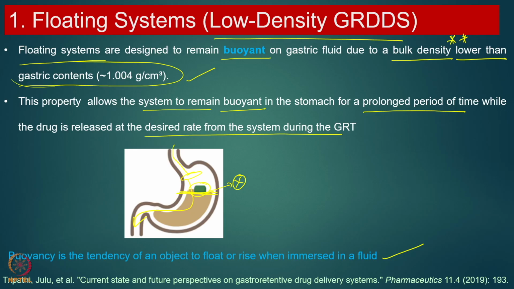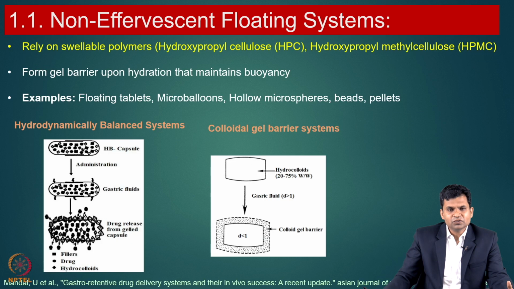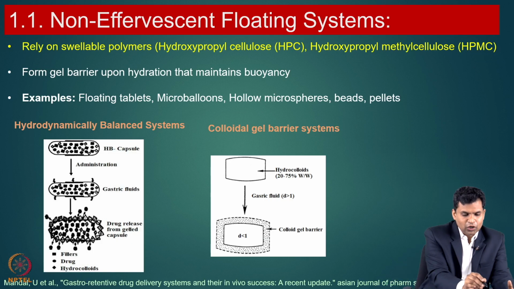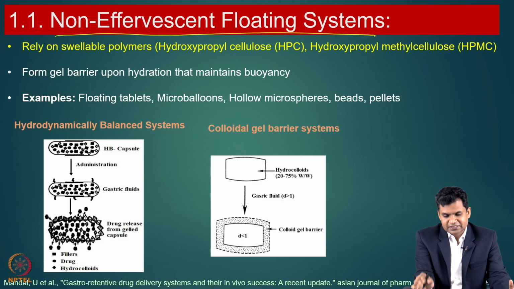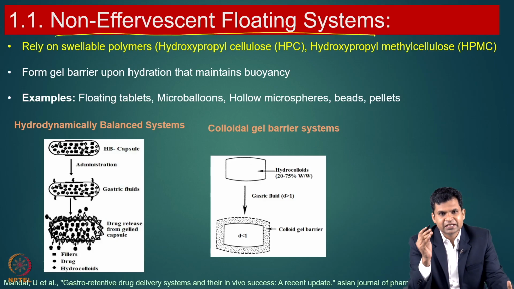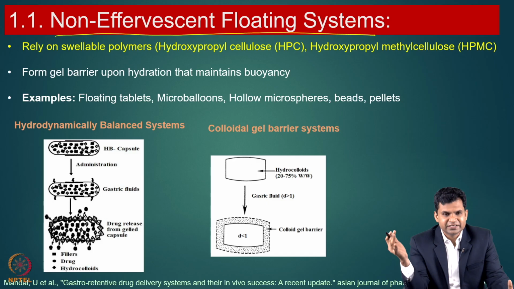gastric content. So, the first topic we are discussing is the floating systems, or you can say low density gastroretentive drug delivery systems. In that, the first topic is non-effervescent floating systems, or non-effervescent low density GRDDS.